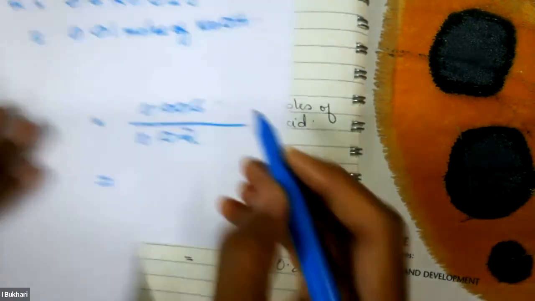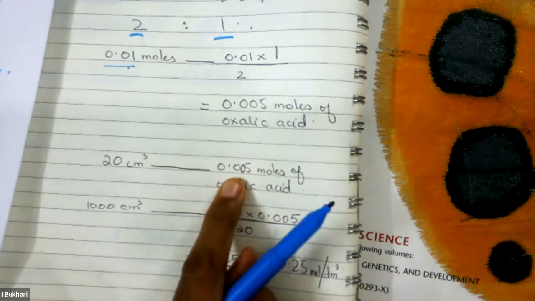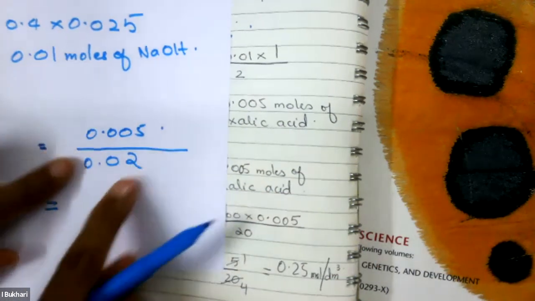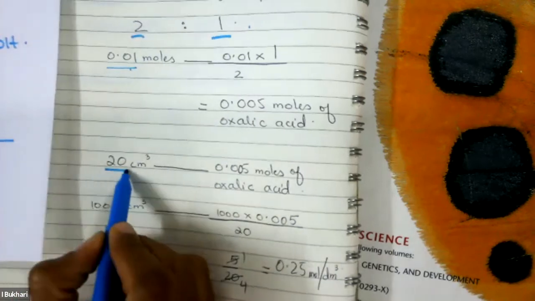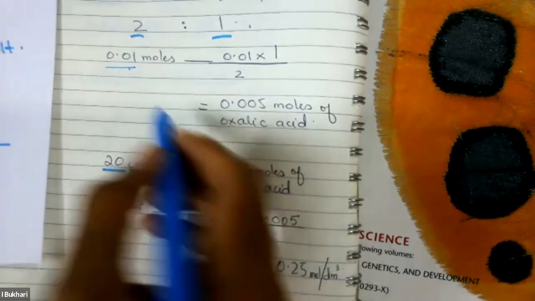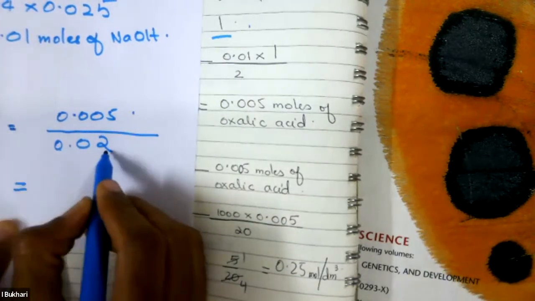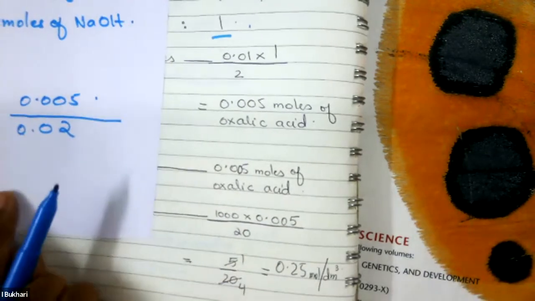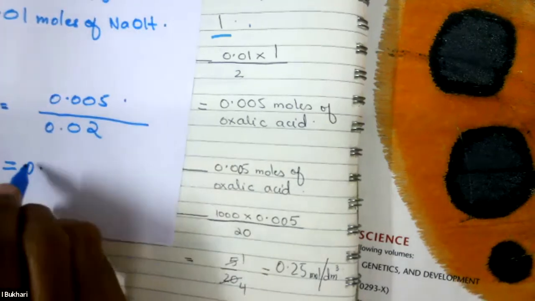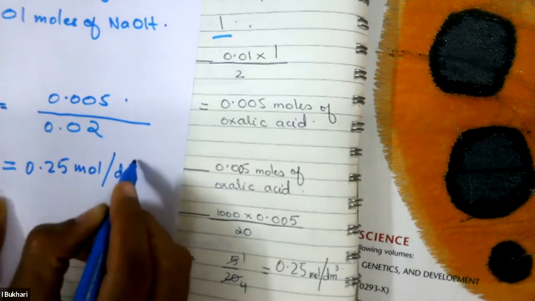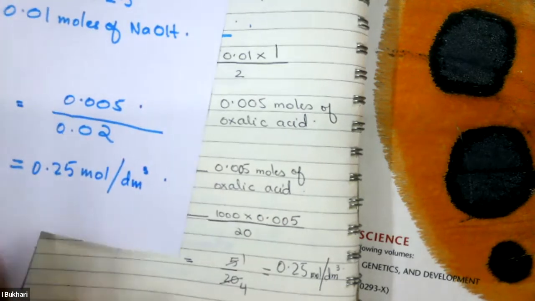The number of moles of oxalic acid we calculated to be 0.005. I divided that by the volume of solution, which was 20 cm cube. Because it was cm cube, I converted it into dm cube by dividing by 1000, so I got 0.02. And so what answer do we get here? 0.25 mole per dm cube is the concentration of oxalic acid.